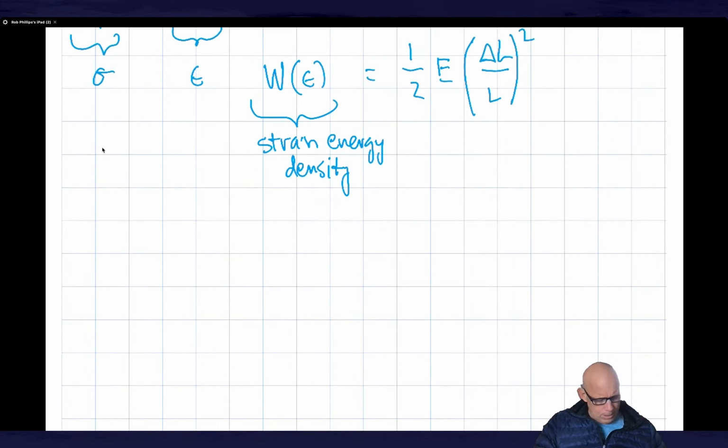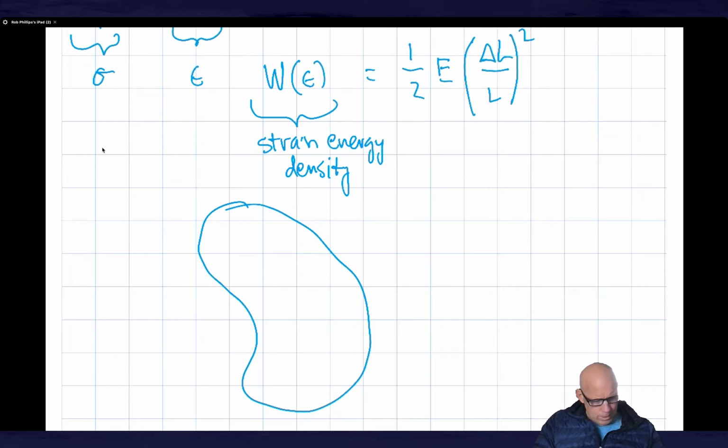The picture that I want you to imagine is that I have my continuum mechanics potato, and somewhere inside of that potato, I've queried about how much energy is stored. So this is a material volume element, I'll call it, following the convention in the field.